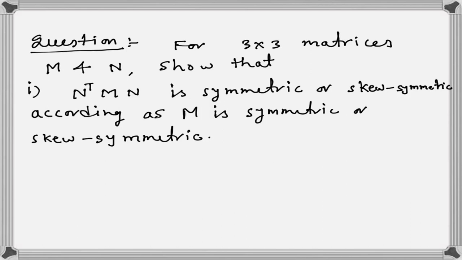So what it says is that we need to show that N transpose M N is symmetric if M is symmetric, and it is skew symmetric if M is skew symmetric.